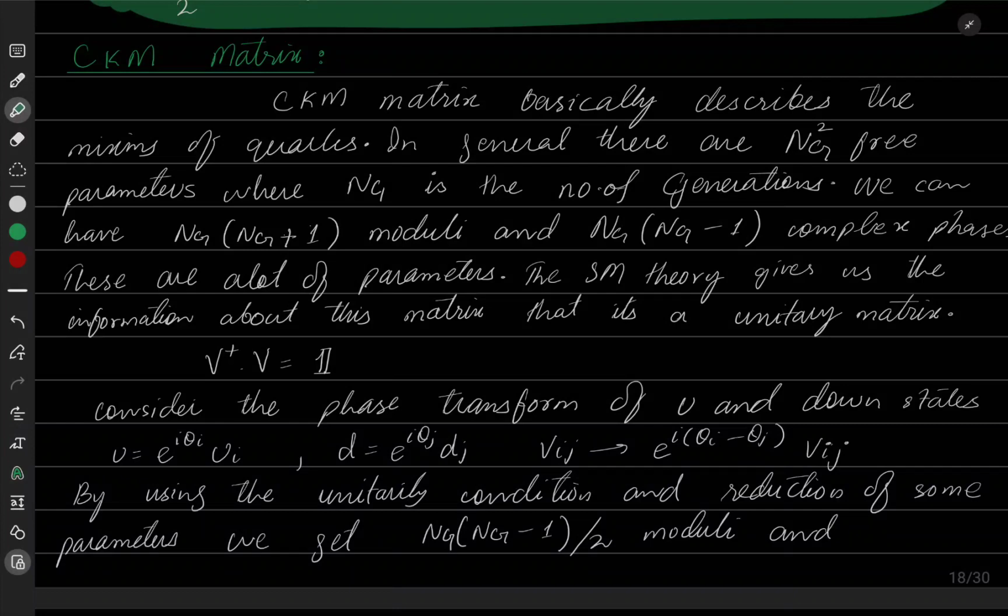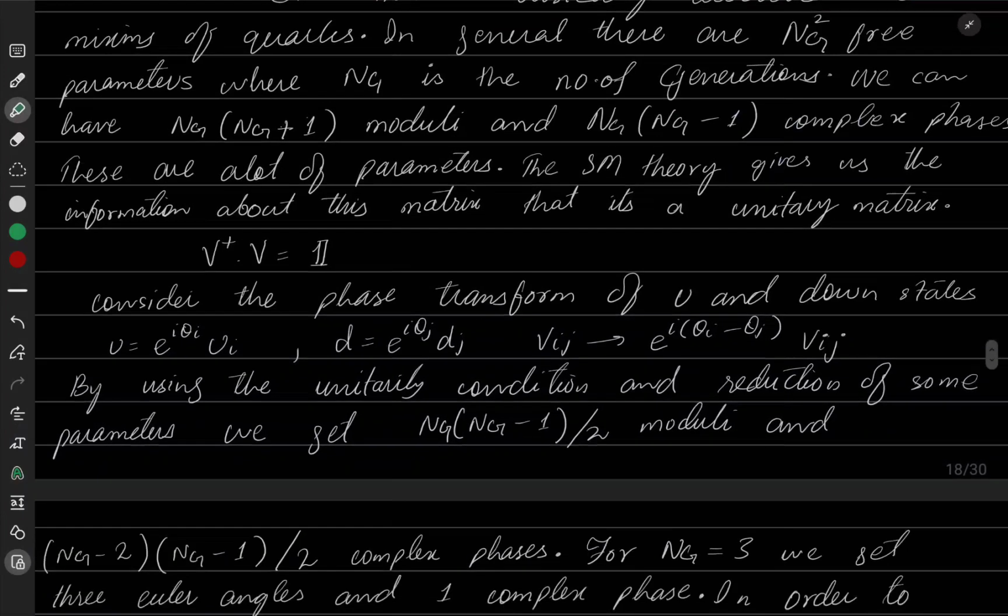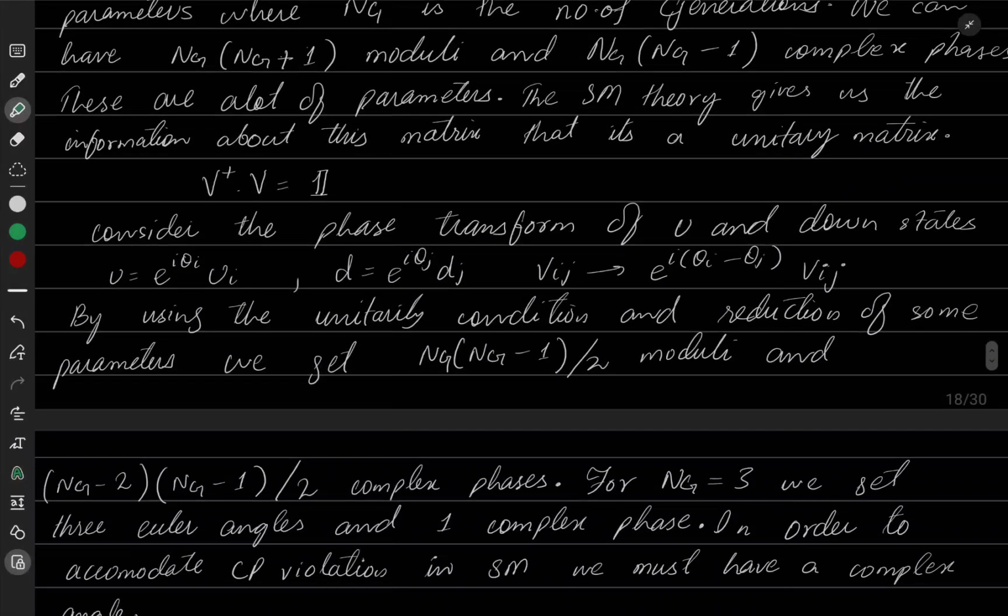Anyway, we have 3 generations, and in the CKM matrix we have 9 variables. If we look at that, then 3 into 3 is 9, plus 3 is 12. We can have 12 angles and moduli, and then 3 into 3 is 9, minus 3, so we can have 6 complex phases. But the standard model theory tells us that the CKM matrix is indeed a unitary matrix. So using this unitarity condition, we can reduce the number of parameters.